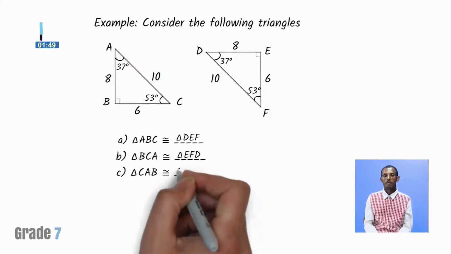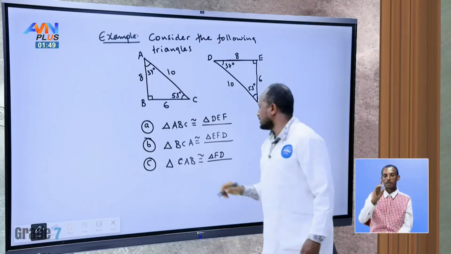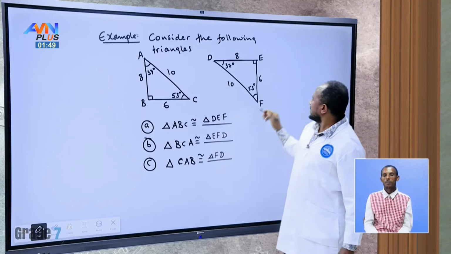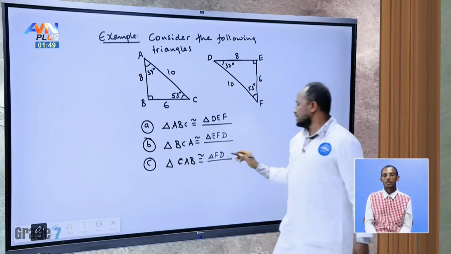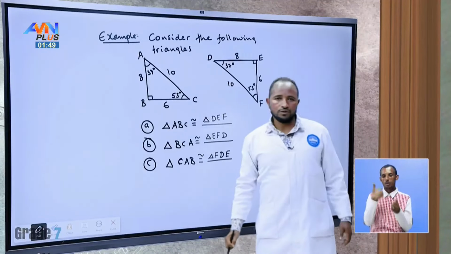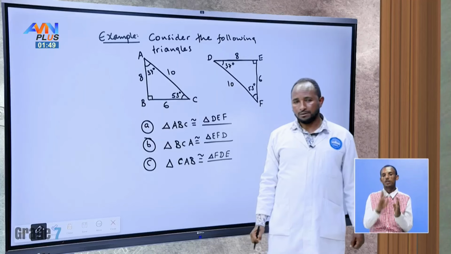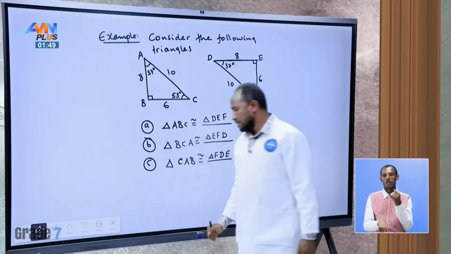Therefore, this is triangle FD. What's remaining? The remaining letter is E. So this is the congruence order of these two triangles. That's it. Now, let's proceed to another example. One last example.